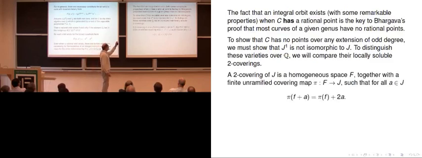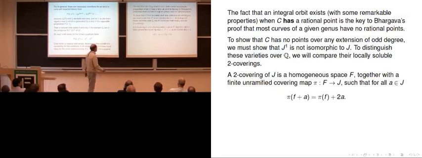Well, it's the sort of thing we've seen already. It's a homogeneous space together with an unramified cover, an étale cover of the Jacobian, such that when you translate by points in the Jacobian and then you apply the map, you get the map where you add 2 times the point in the Jacobian. So all the maps that I had previously from the final variety to J1 and from J1 to J are 2 coverings.